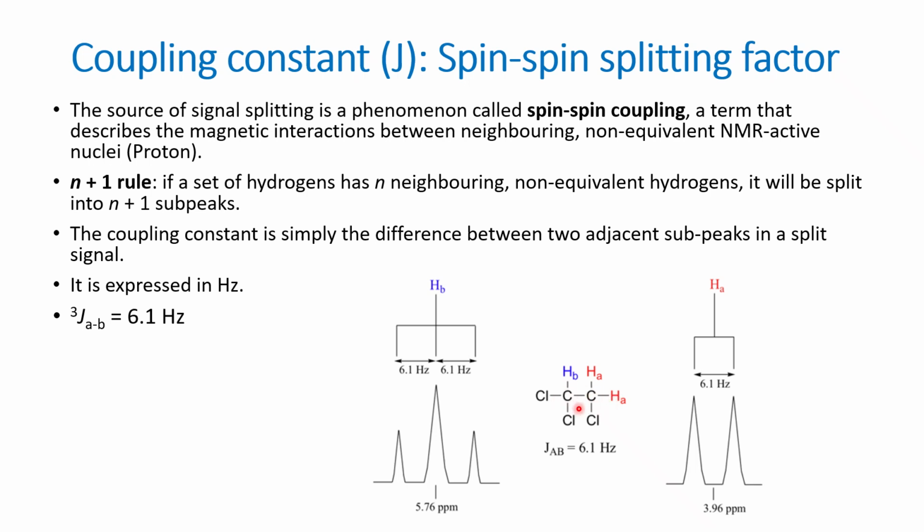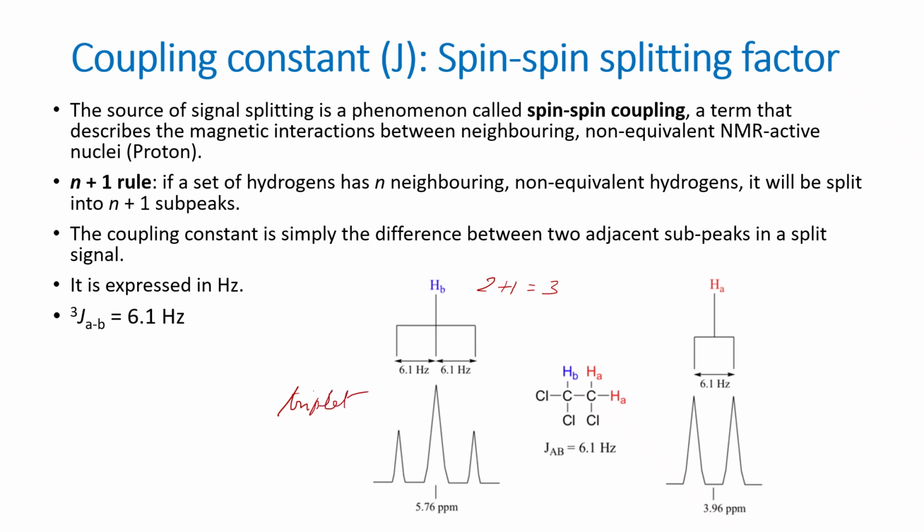Two neighboring protons, when they are non-equivalent, will split the signal of the proton. So here we see the Hb signal is split by the two non-equivalent protons in the neighboring carbon atom, and as per the n plus 1 rule, it is split into 3. So it is 2 plus 1, which is equal to 3.